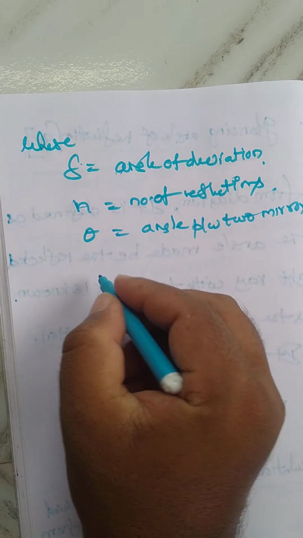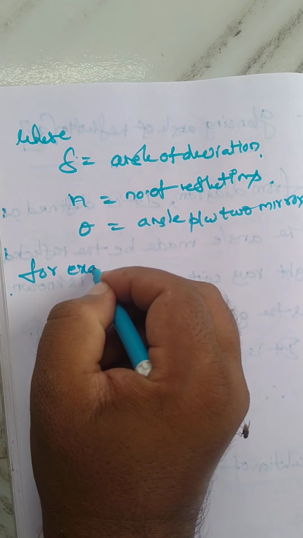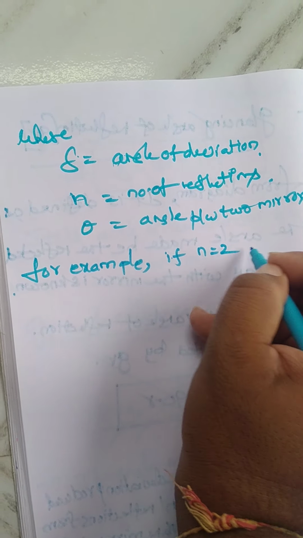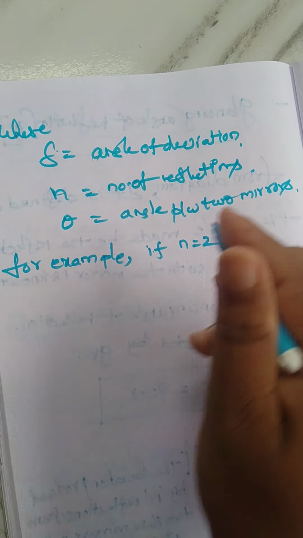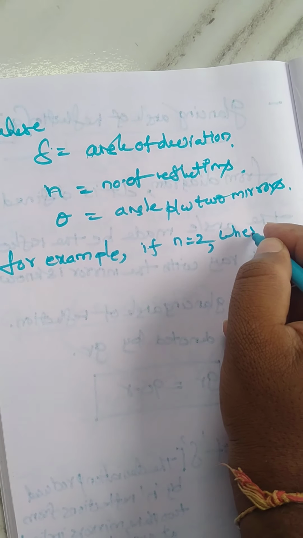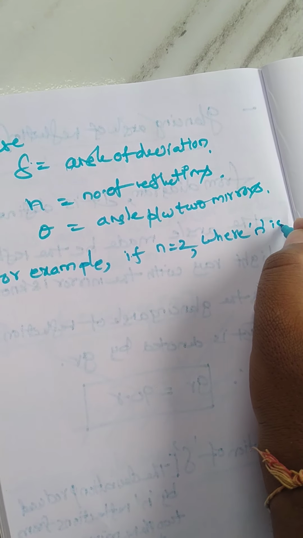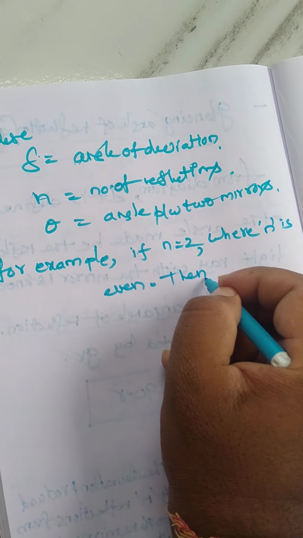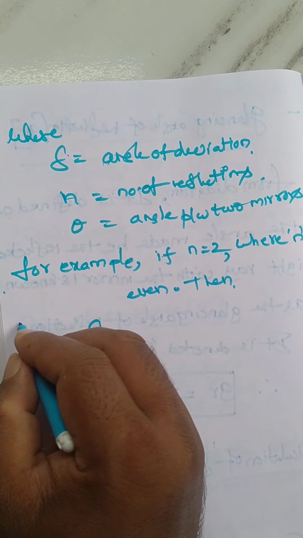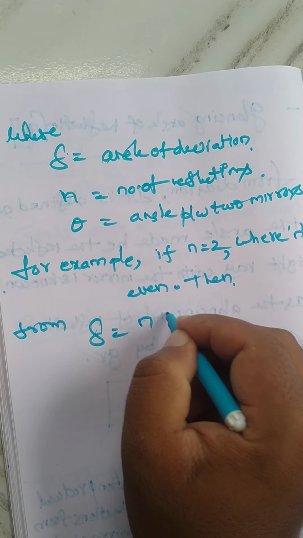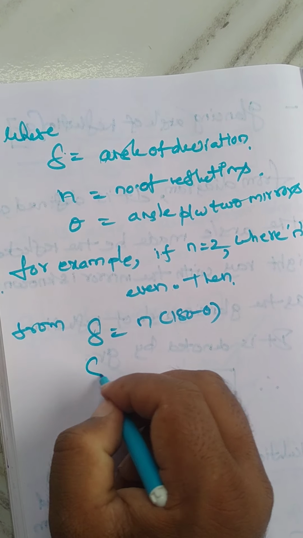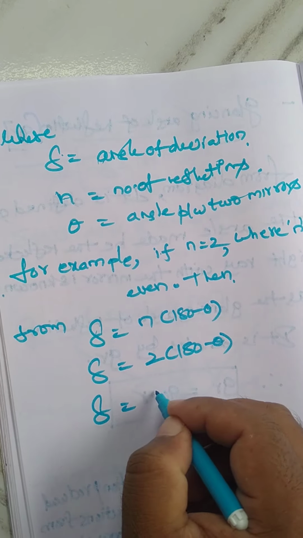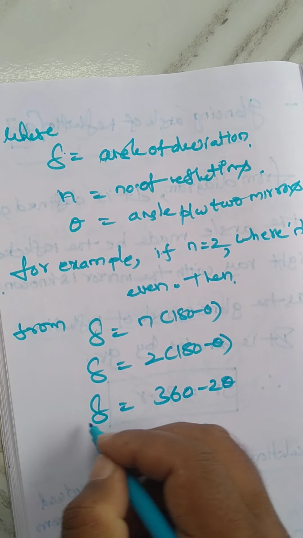Now for example, if n equal to 2, where n is even, then from delta equal to n into 180 minus theta, delta equal to 2 into 180 minus theta, then delta equal to 360 minus 2 theta.